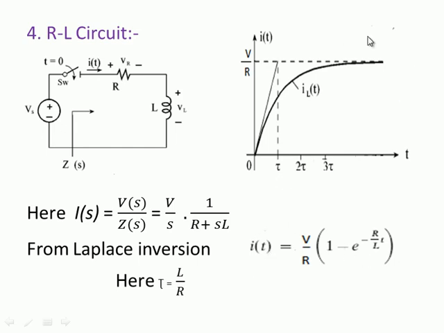If it comes as 1 minus, then it depends on the value of this. If we talk only about e raised to the power minus R by L t, and it had not been 1 minus, then it was decreasing. But here it is 1 minus e raised to the power minus R by L t, so it is a rise in current, because it is a current quantity.